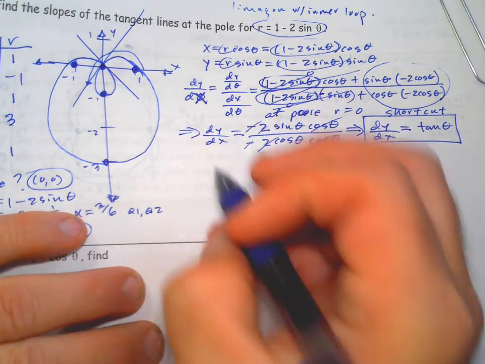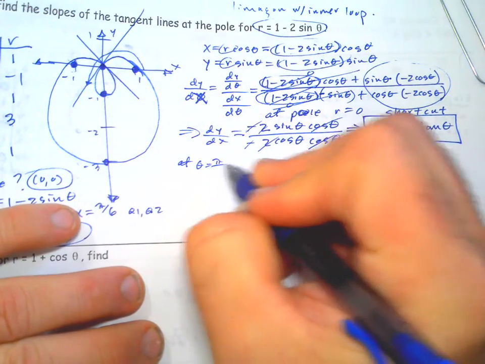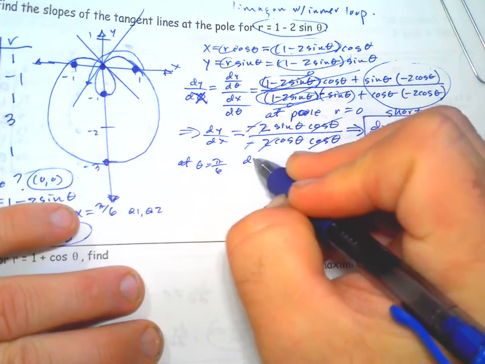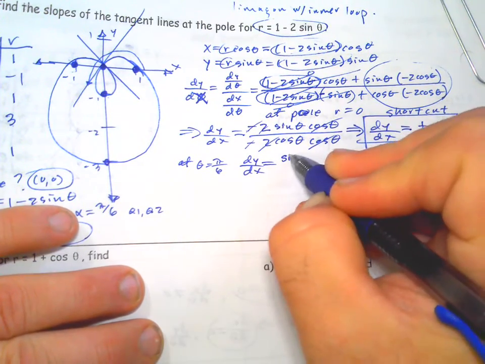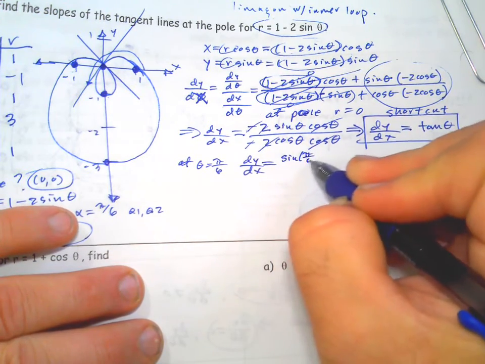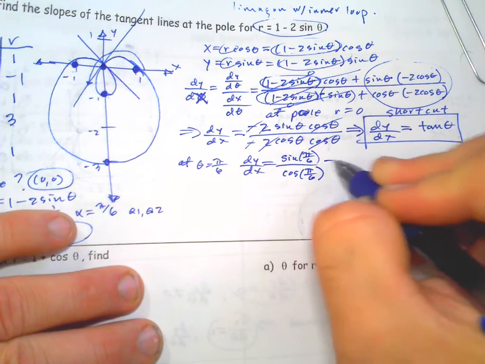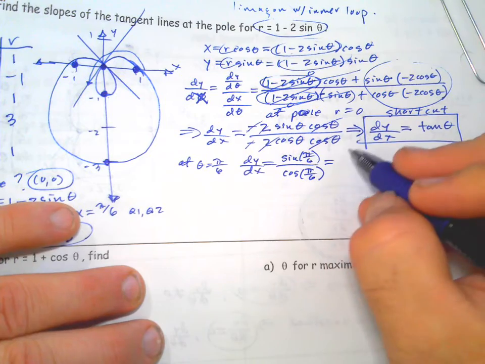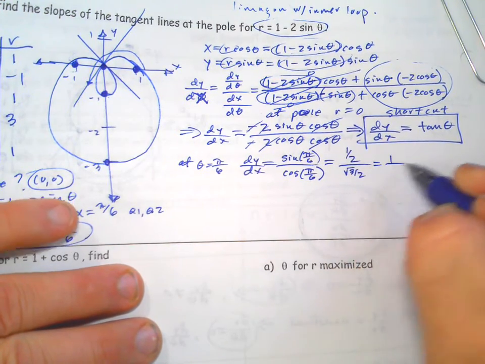So now at theta equals pi over 6, dy dx, we could just plug it into that. And in this case, I'm going to do sine pi over 6 over cosine pi over 6, because I don't really want to memorize tangent values. So that's going to be 1/2. That's going to be root 3 over 2. That's going to be 1 over root 3.